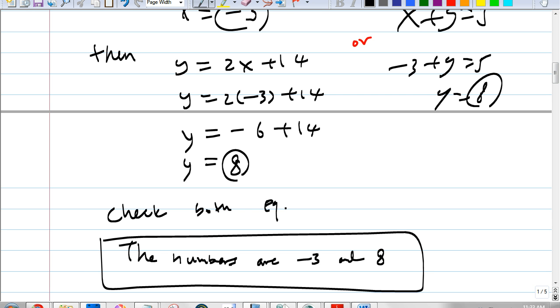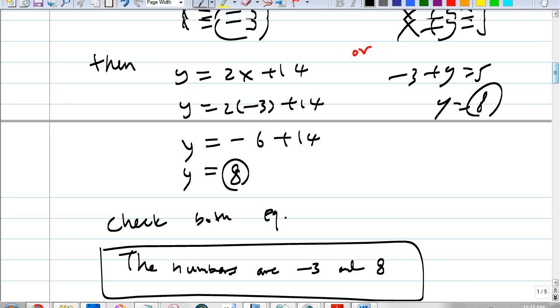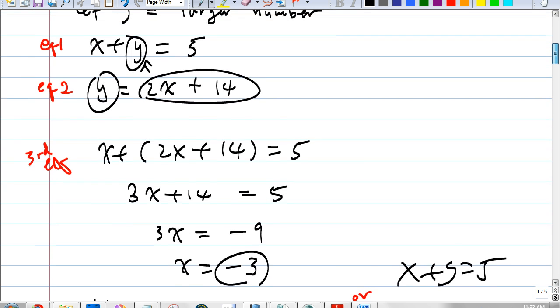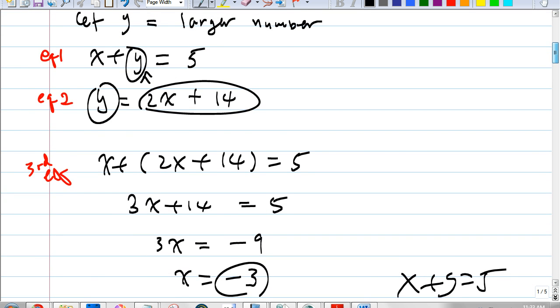Yeah. So you have to verify not only that when you add the two numbers it is 5, you also have to verify that y is equal to 2x plus 14. You've got to verify in both equations. Does anybody know why that's true? Yes. If you messed up on one of the equations, and you only check one of them, you won't know that you messed up the other one.